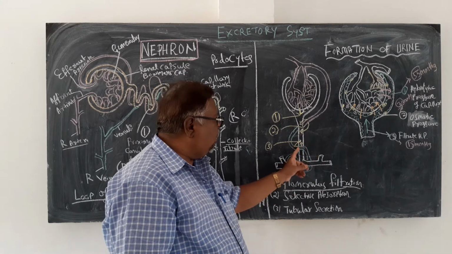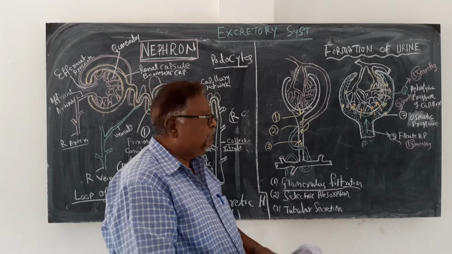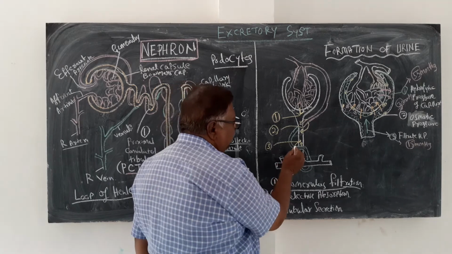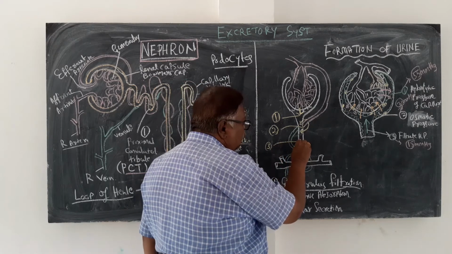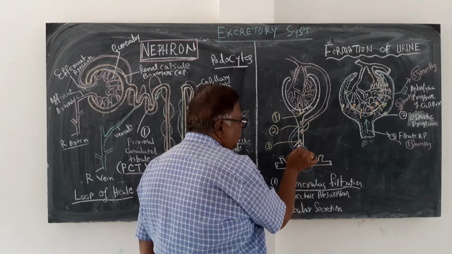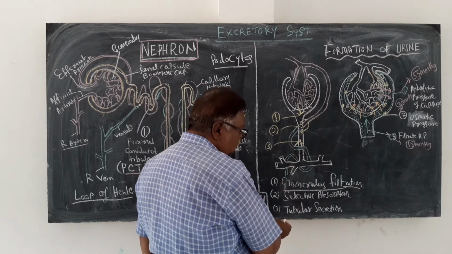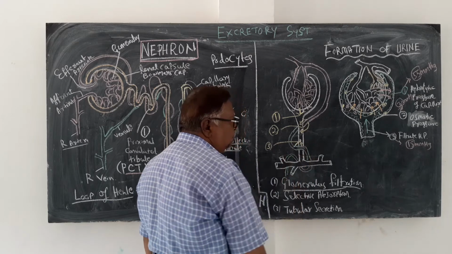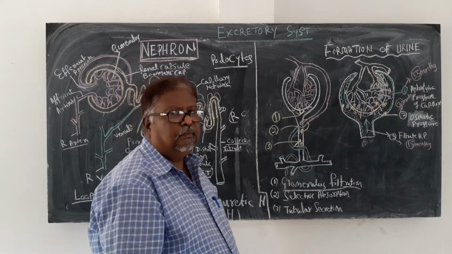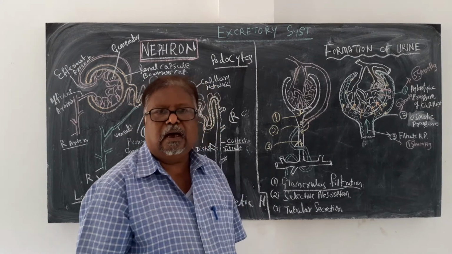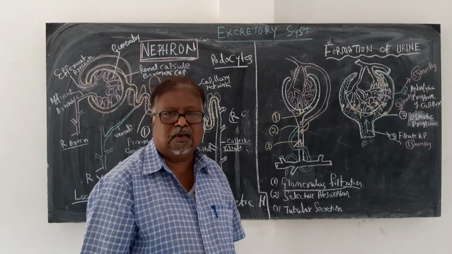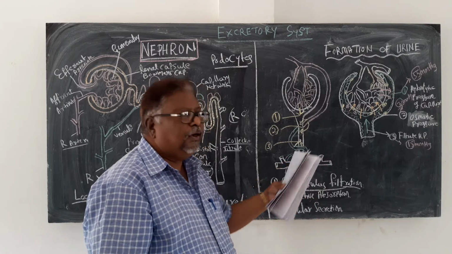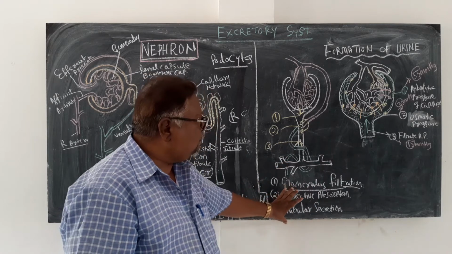And when it comes here at the distal portion, the unnecessary harmful substances will be thrown out into the urine from the capillary network into the renal tubule. That is called tubular secretion. This tubule secretes the unnecessary, harmful substances into the urine. So these three processes take place here.